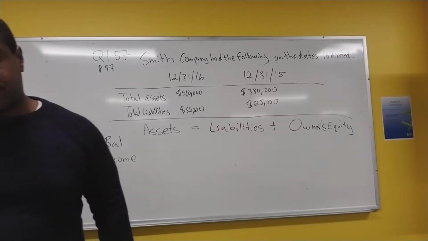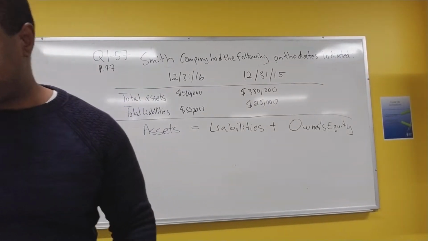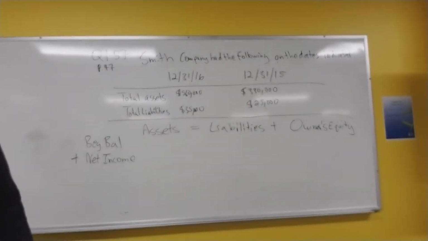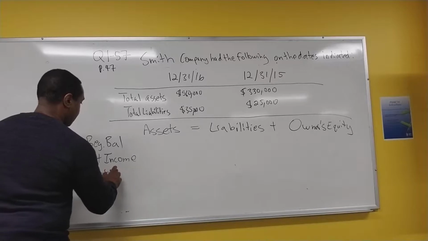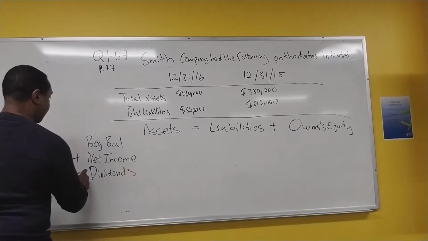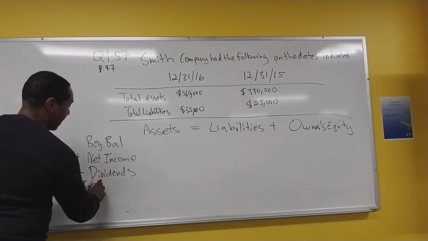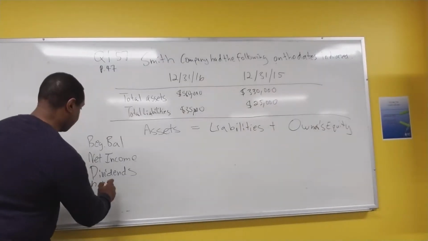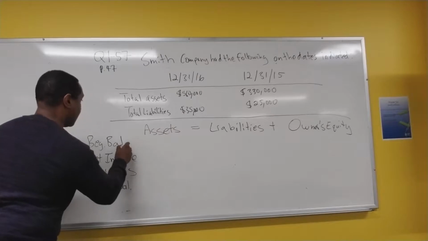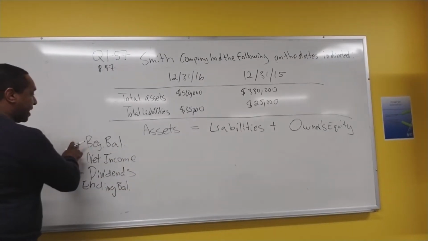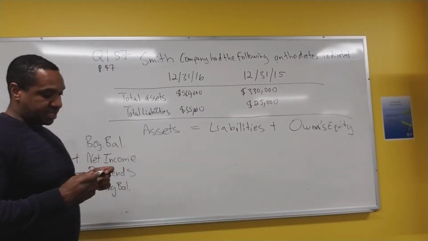So it also said net income and dividends. So we've got these dividends. This is money coming out. And then we're going to have our ending balance for these accounts. Beginning balance, these are the changes, and the ending balance.